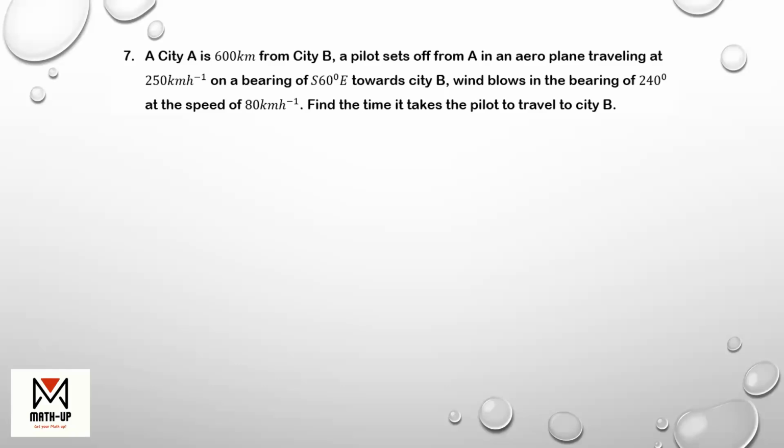It says a city A is 600 kilometers from city B, and a pilot sets off from A in an aeroplane traveling at 250 kilometers per hour on a bearing of south 60 degrees east, and the wind blows at a bearing of 240 degrees at the speed of 80 kilometers per hour. Find the time it takes for the pilot to travel to city B.